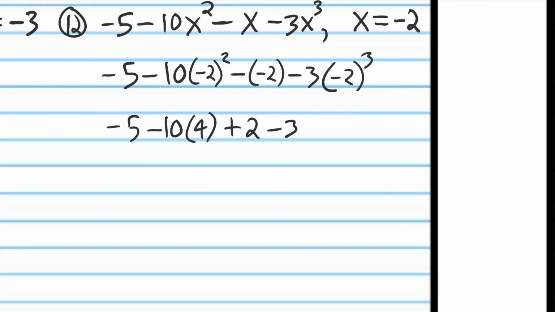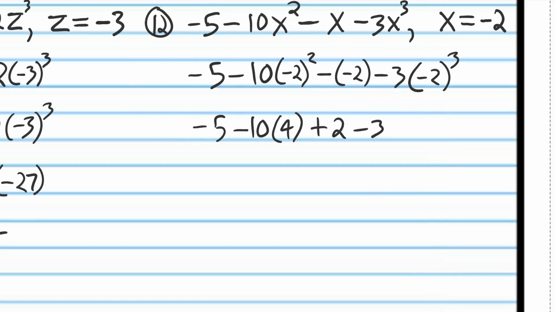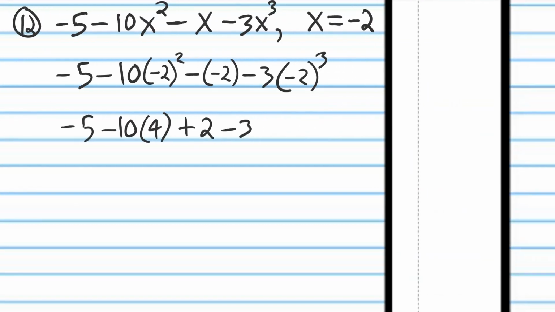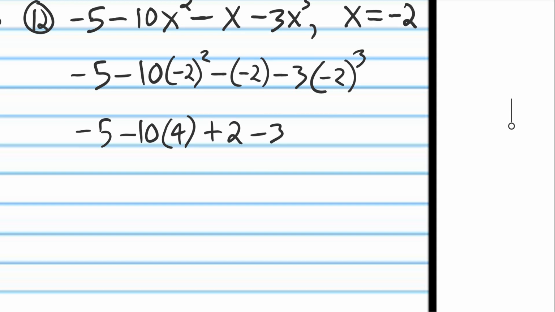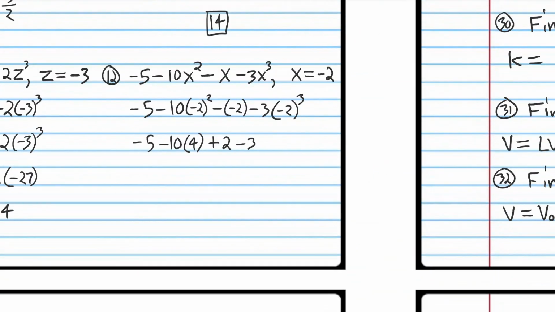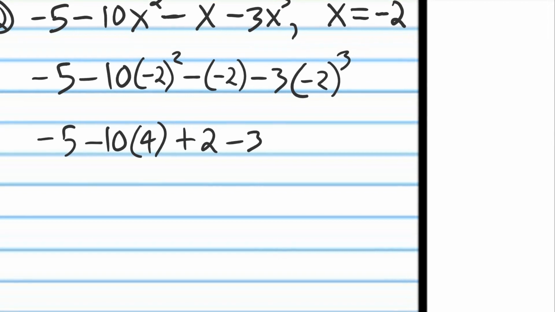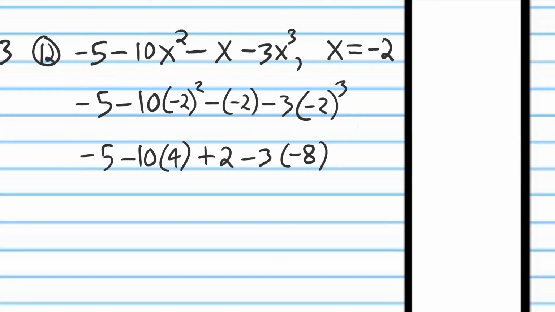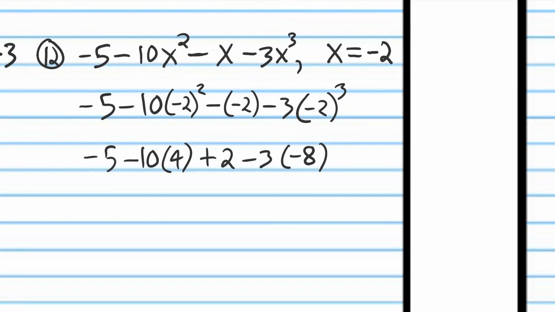All right, so -2 to the third power is, I don't know why my computer keeps bouncing around like that. -2 to the third power is -8. And so -10 times 4 is -40.